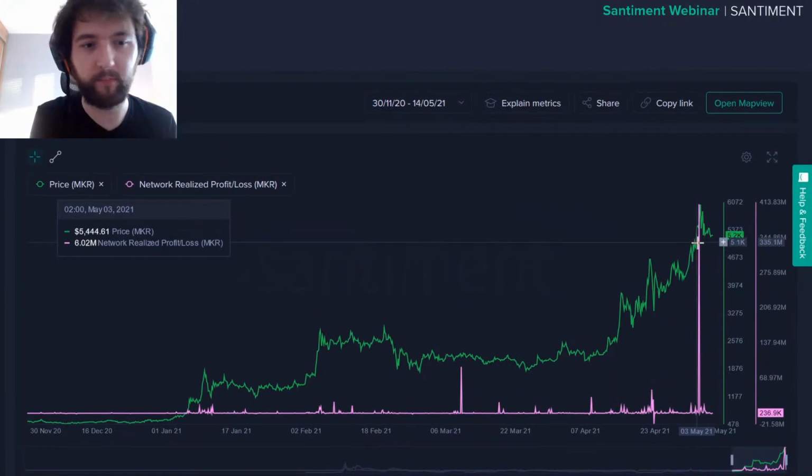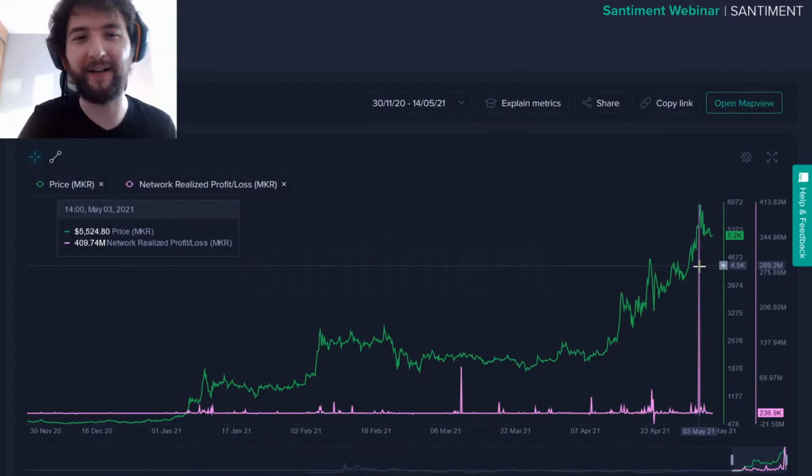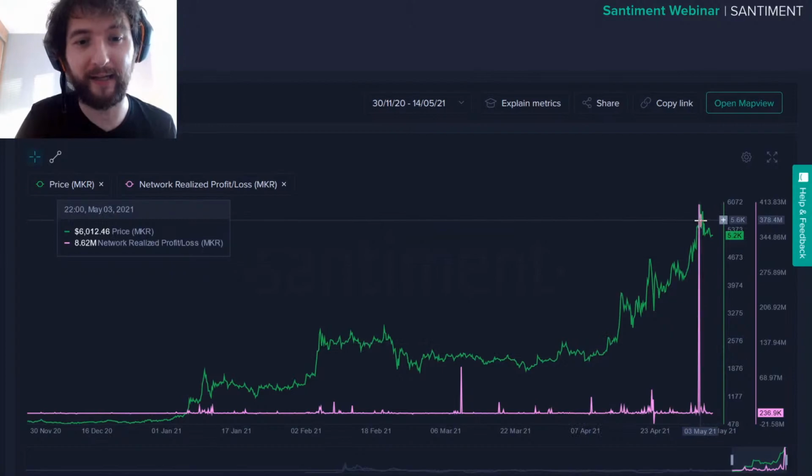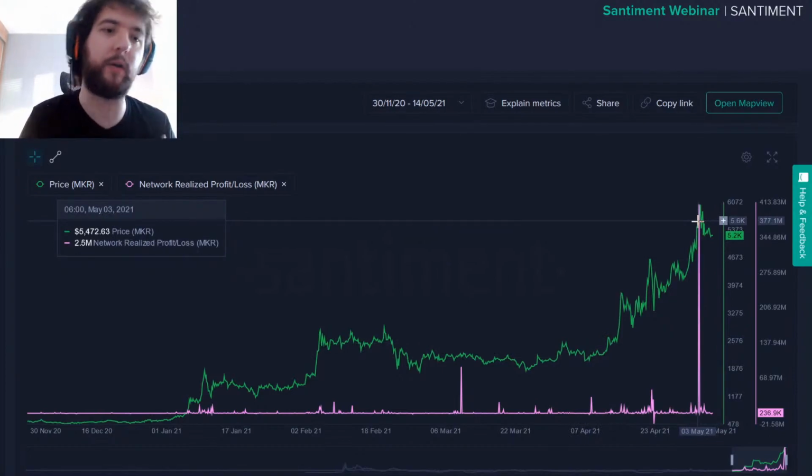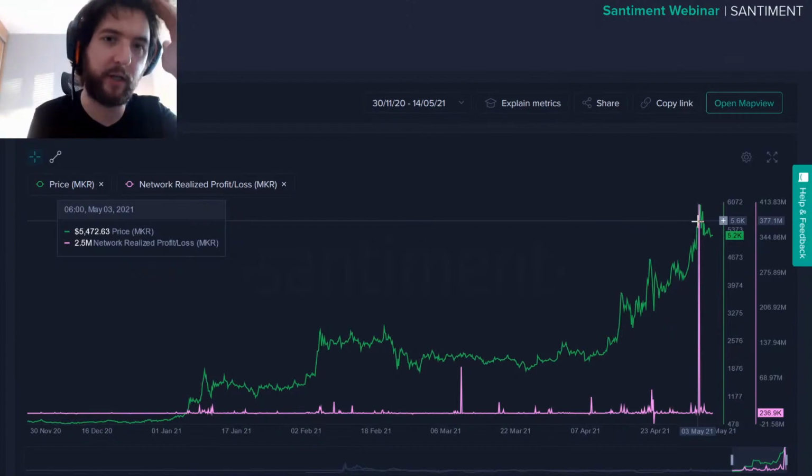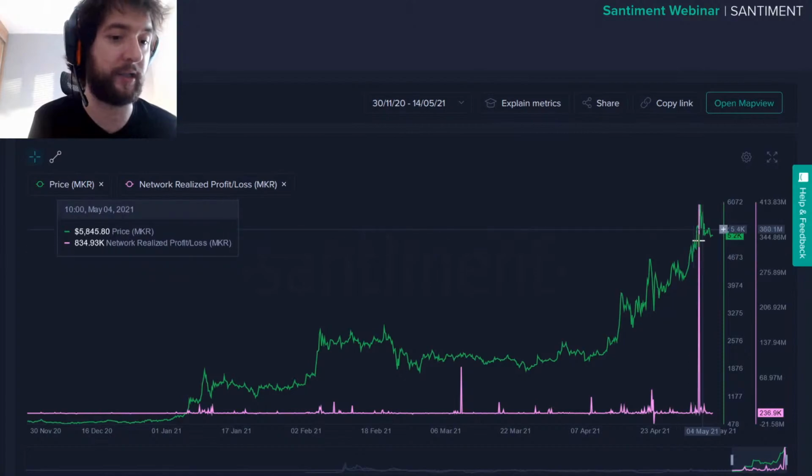First of all, if you're looking for a very clear-cut example of how net profit loss can sometimes be used, if you see this type of uptick in a coin's price and then this massive of a spike in net profit loss, obviously go back and look into exchange inflow, look into top transactions to confirm that this is indeed connected to increased sell side pressure. But it's at the very least notable to keep an eye on the price action moving forward.